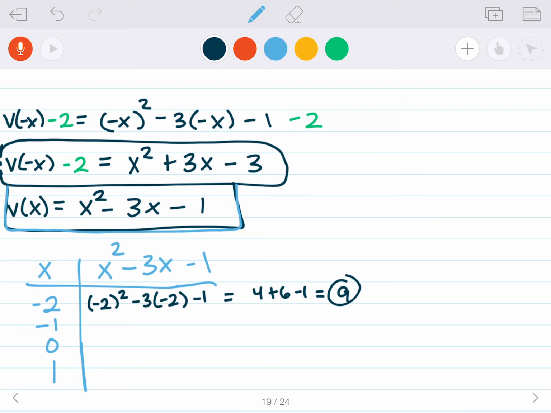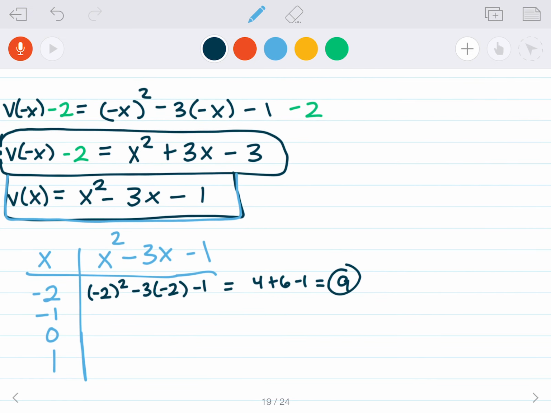So we have (-2, 9). Next, we have (-1) squared minus 3 times -1 minus 1.